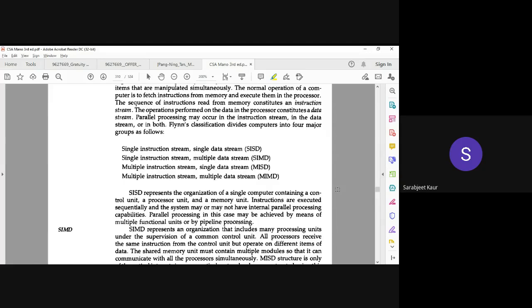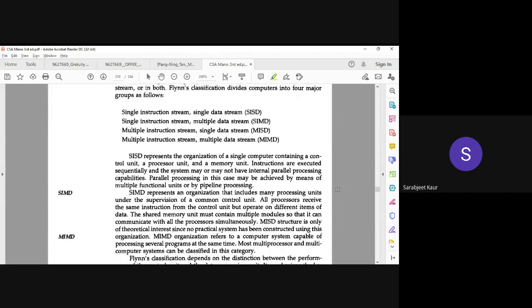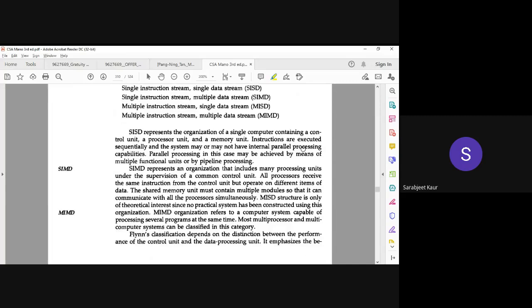So one instruction is executed at a time, that means sequential, and there is no parallel processing. Generally, if parallel processing is to be done, it is done by pipeline processing in SISD kind of systems. What is pipeline processing? I'll be talking about it in another 2 minutes.